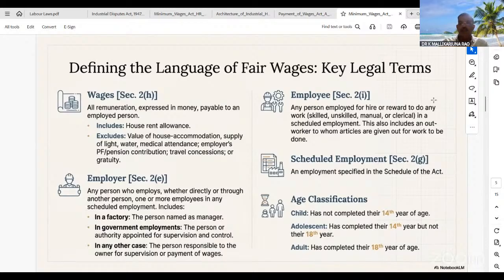And scheduled employment is the employment specified in a schedule of the act, as per section 2, subsection G. And for age classification, a child has not completed 14 years, 14 to 18 years are adolescents, and after 18 we say adults.